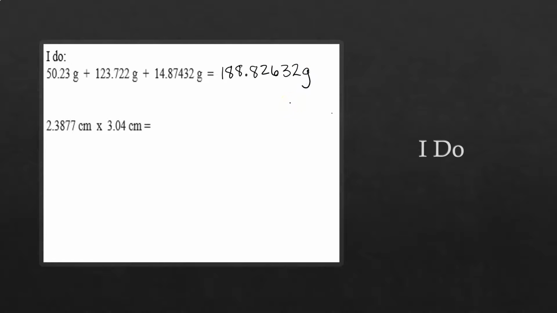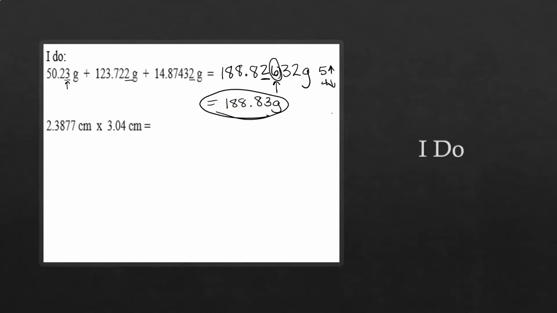I cannot keep all of those, so I'm going to look at my decimal places. I have hundredths, thousandths, and really far out there. Hundredths is the smallest number of decimal places, so I'm allowed to keep the hundredths. Looking at the 6, it tells me I need to round up, so my final answer will be 188.83 grams. Remember that if it's 5 and up, you round up, 4 and below, round down. So this would be my answer.